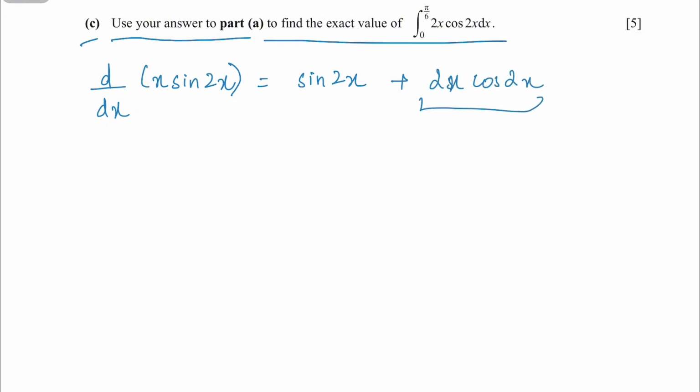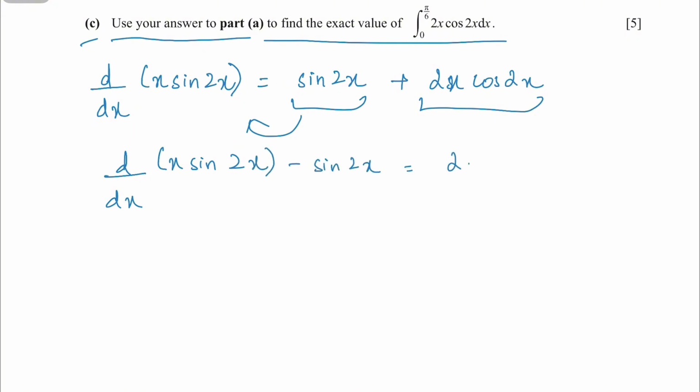Now we need the integration of this only. We need to move this over there. So this would be d/dx of x sine 2x minus sine 2x equals 2x cos 2x.